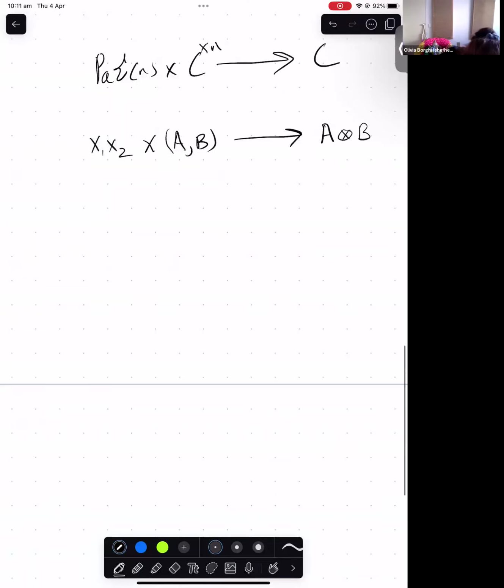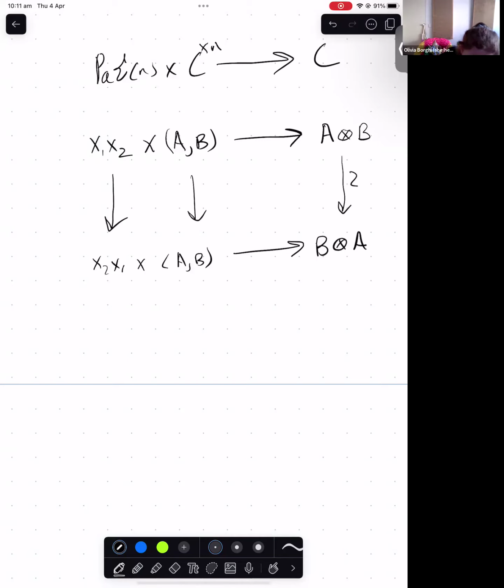So similarly, I can have the object x2, x1 cross the same objects. And this is going to point out B tensor A. And then the unique isomorphism connecting these things along with the identity maps here is going to point out a commutativity isomorphism here.